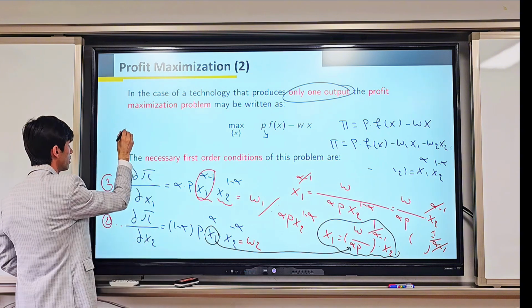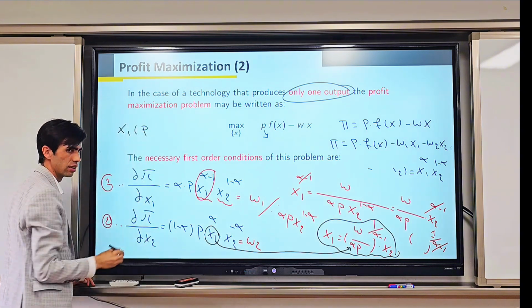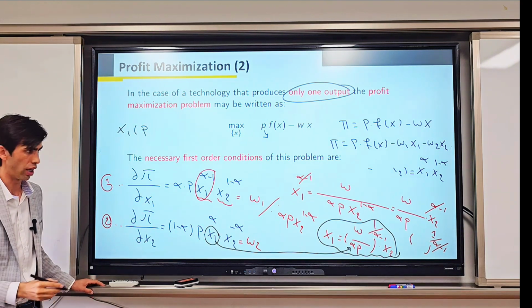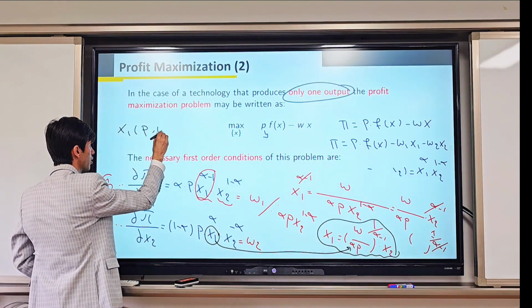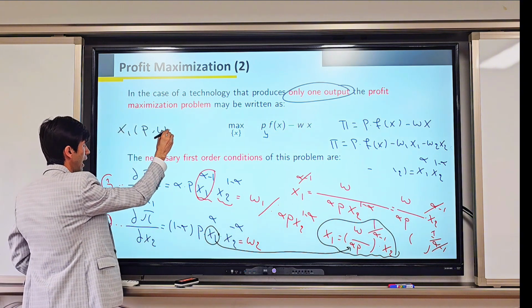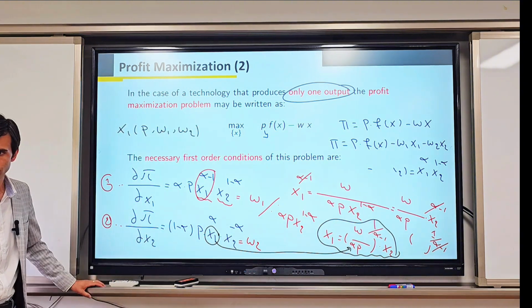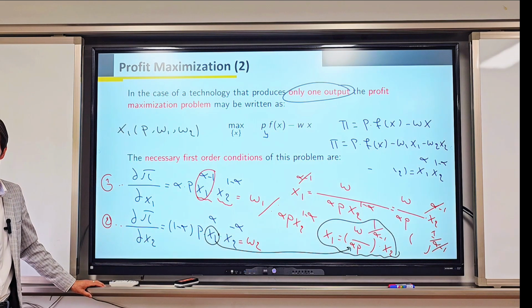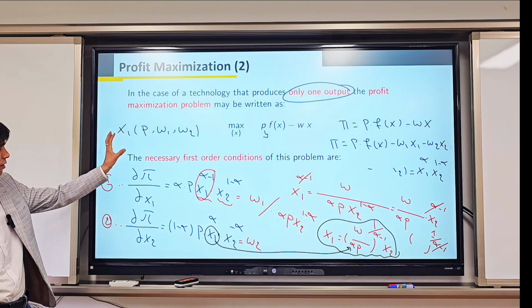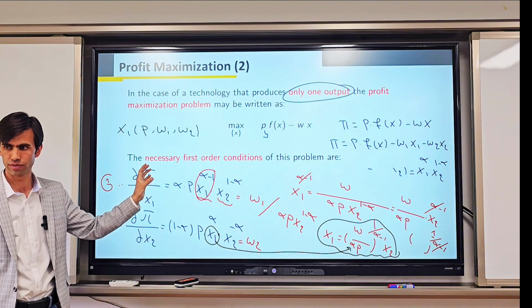what we will get is x1 as a function of p, which is the output price, as a function of w1, which is the price of the first input, and a function of w2, which is the price of the second input. So then we will have this kind of demand function for our input.